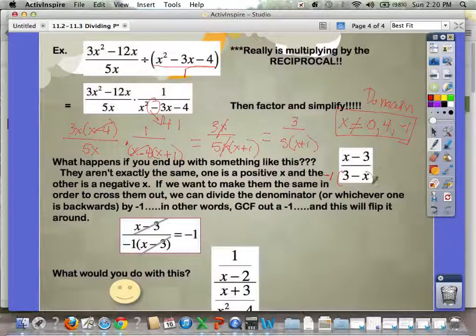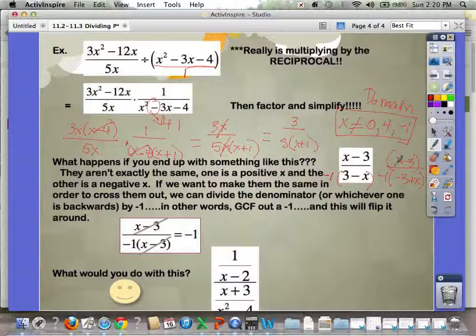Because when we do that, negative 1, taking out that 3 divided by negative 1 is going to make a negative 3. And a negative x divided by negative 1 makes a positive x over top of x minus 3.